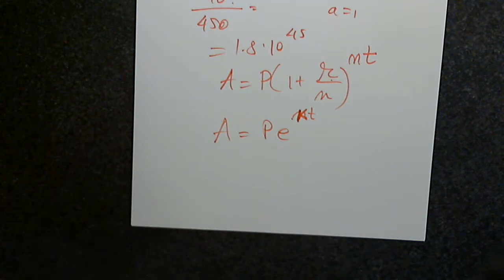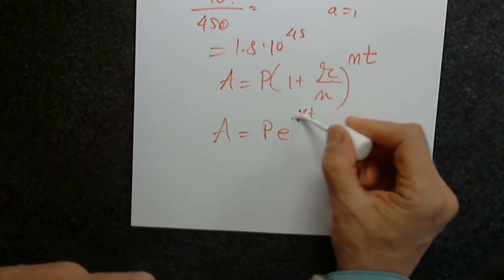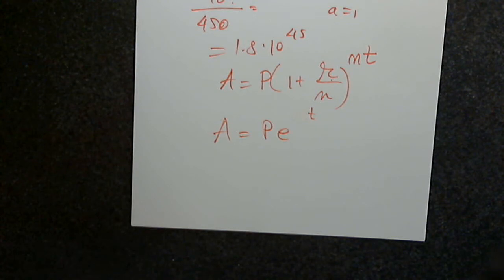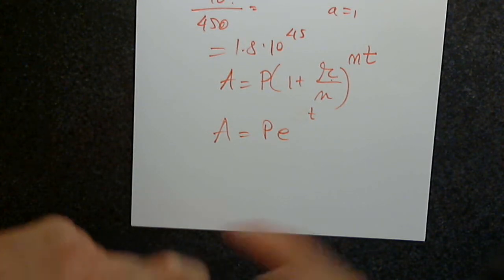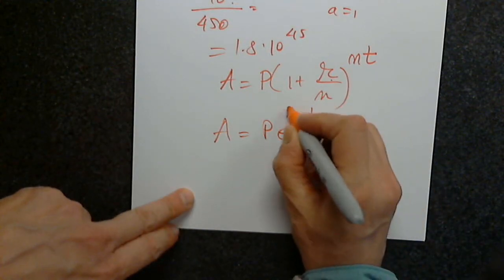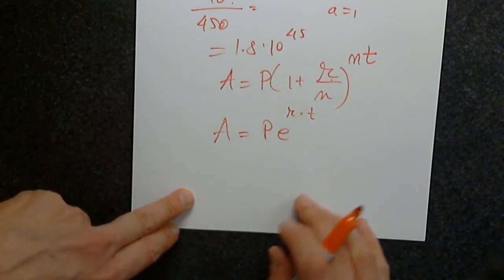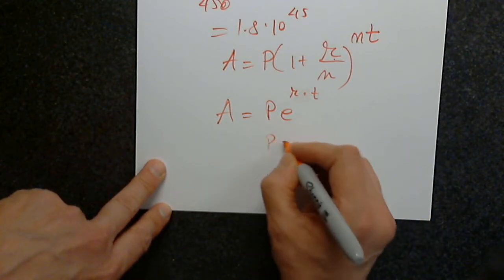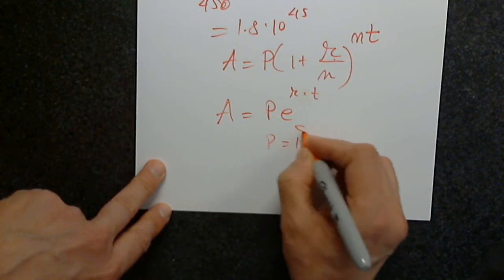But since we used r in the first one, let's use r. A equals P e to the r times t. Good. So we are given P, which is 11,000, the principal.